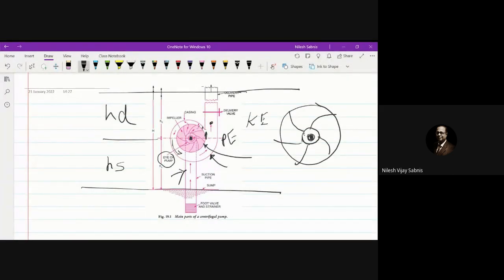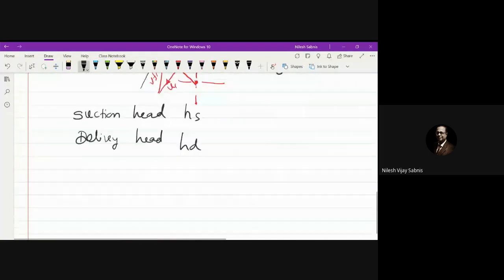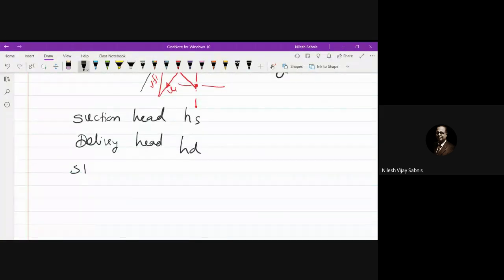And static head is there. The last term is called the static head. Static head is nothing but Hs, which is equal to capital Hs plus Hd, or small hs plus small hd. Then there is a concept of manometric head, which is defined as the head against which the pump has to work, which is given by Hm.